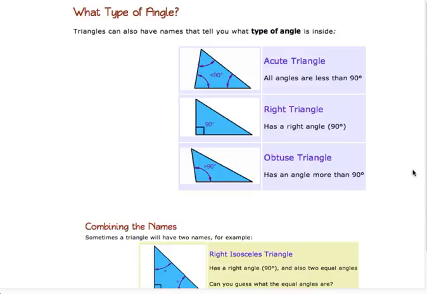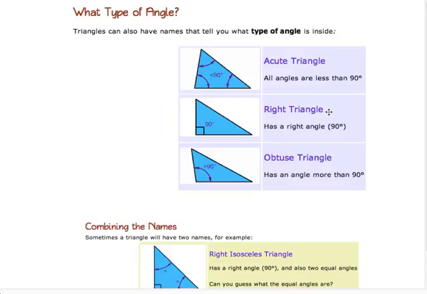An acute triangle has angles whose measurement is less than 90 degrees. So if we took our protractor and measured that, it would be less than 90 degrees. A cute little triangle means it's small, less than 90 degrees.